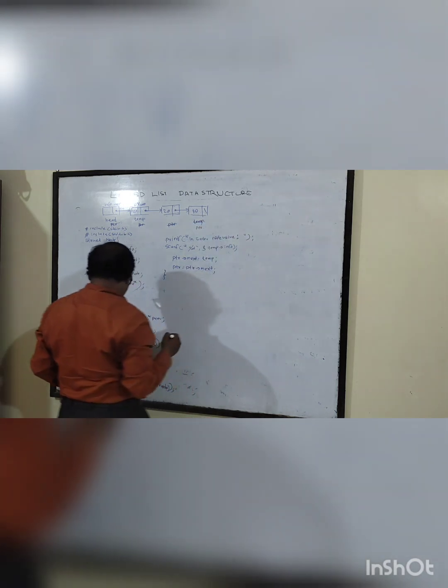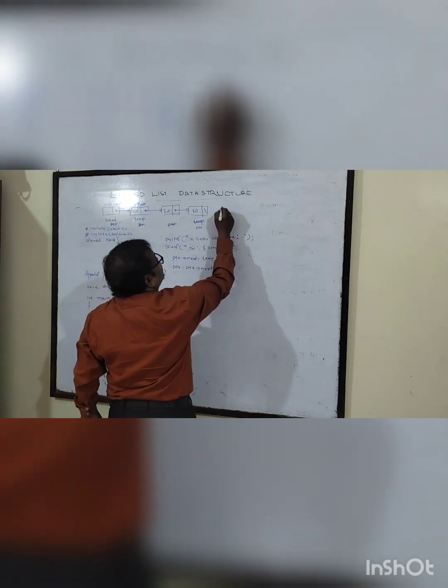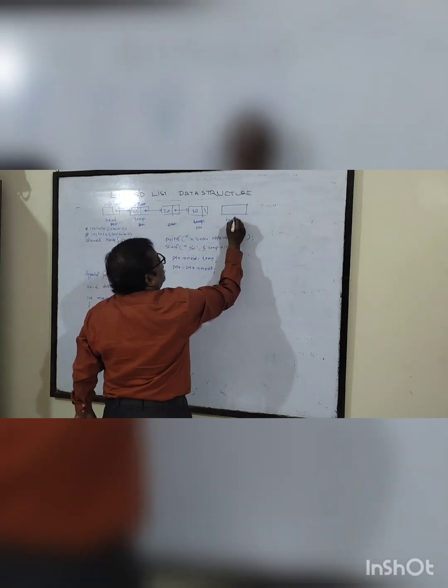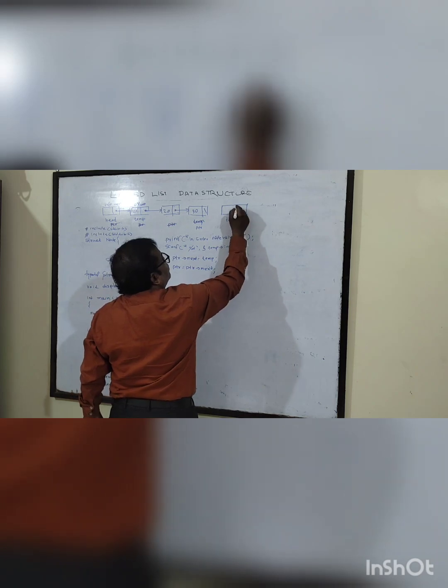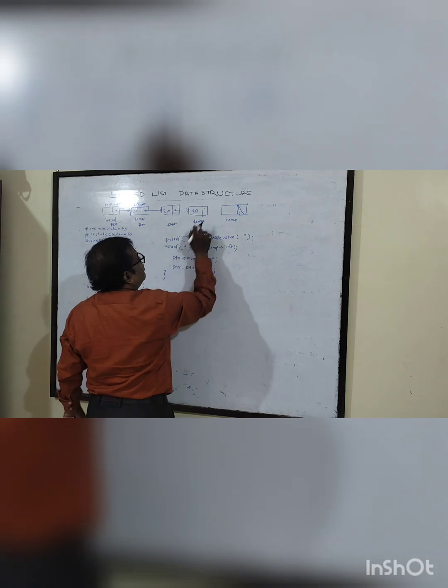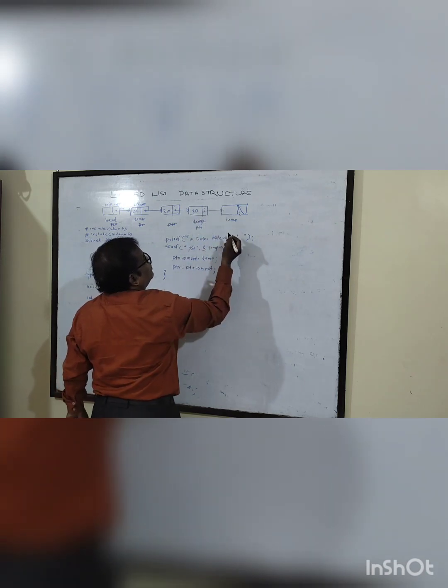Now the loop goes up to 4 times, so you create another node which is called temp, put the null value here, and PTR of next, assign this value.